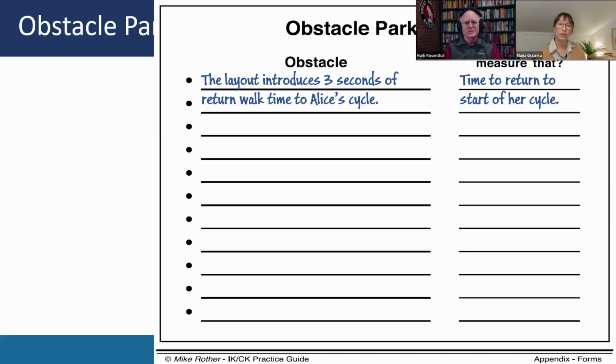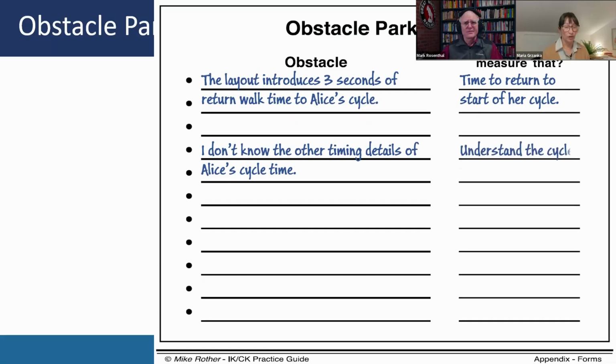Are there any other obstacles? I'd be guessing, so I don't know what the other obstacles are right now. I know there are other time alligators in there, but I'm not sure. Okay. So what are you thinking as a next step? I need to actually deal with this, because I don't know where else her time is going.